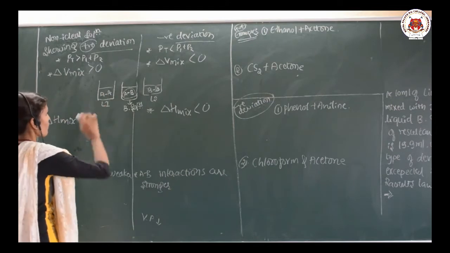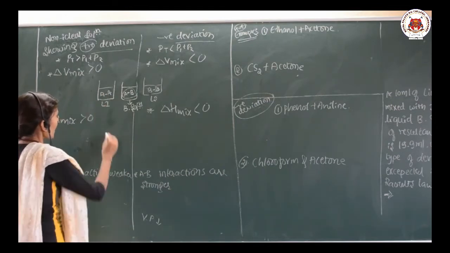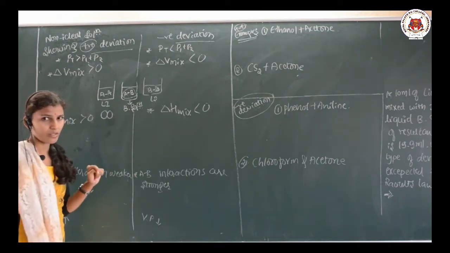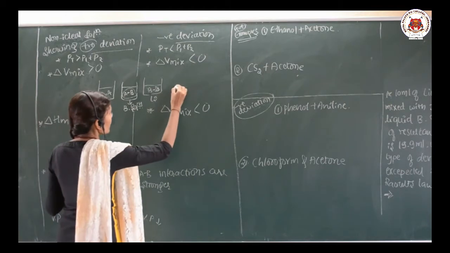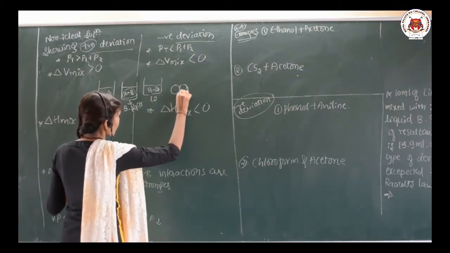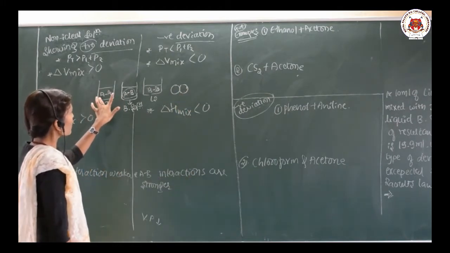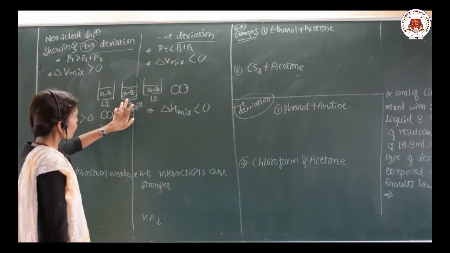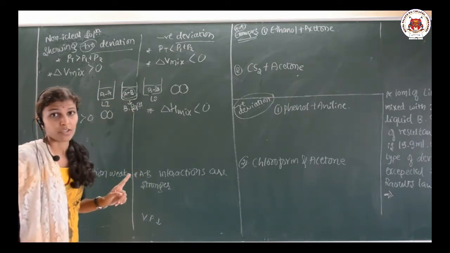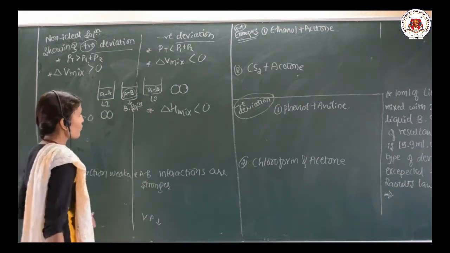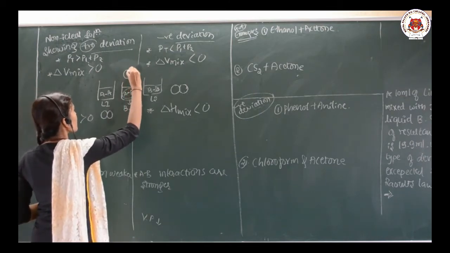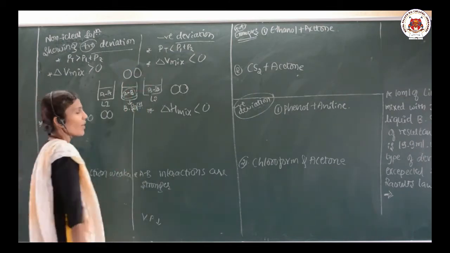See here, in case of liquid 1, let me take the AA interactions like this, and here the BB interactions are like this. When I combine liquid 1 and liquid 2, there is a formation of the binary solution and its interactions are AB type. How will the AB type of interaction be there? It will be like this. Why is it like this?